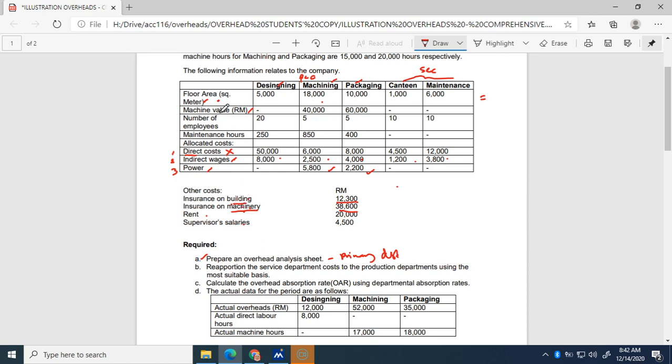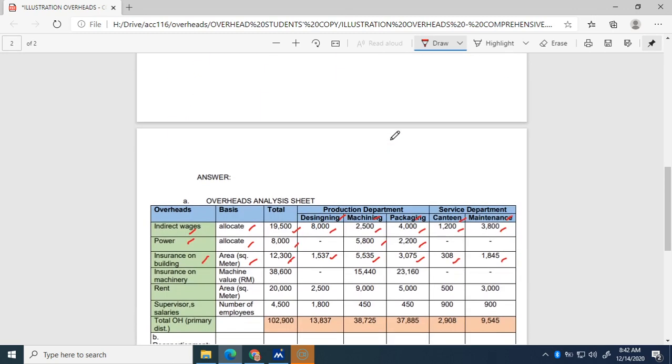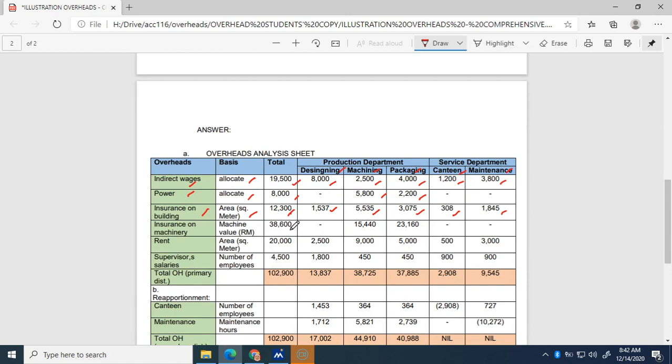For machinery, we have machine value, so we use machine value. Only the machining department and packaging department have machines. So we total up the value of the machines and you get 100,000. So 40 divided by 100 times 38,600 for insurance on machinery.